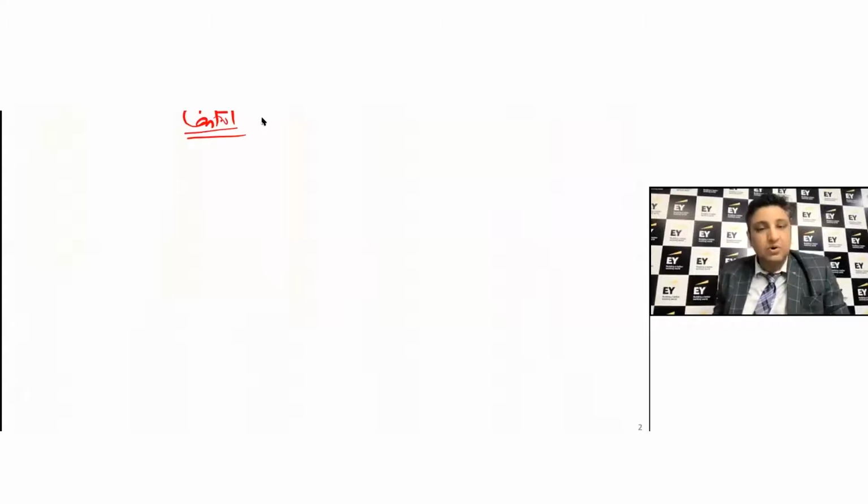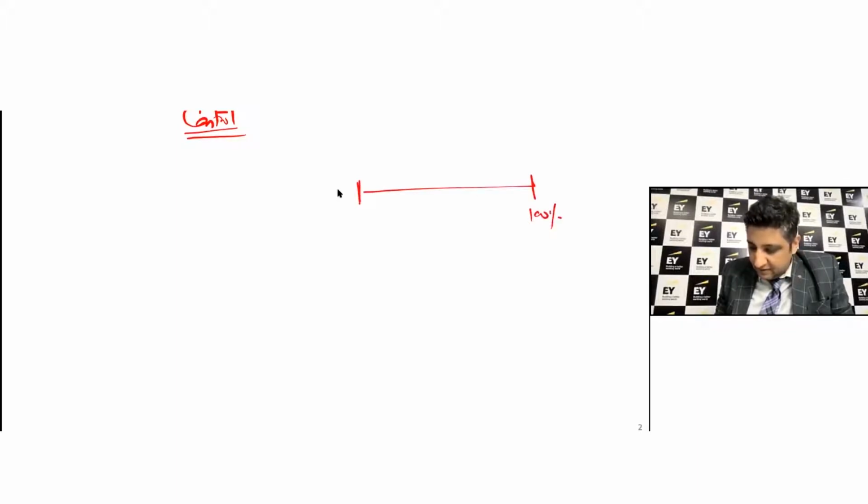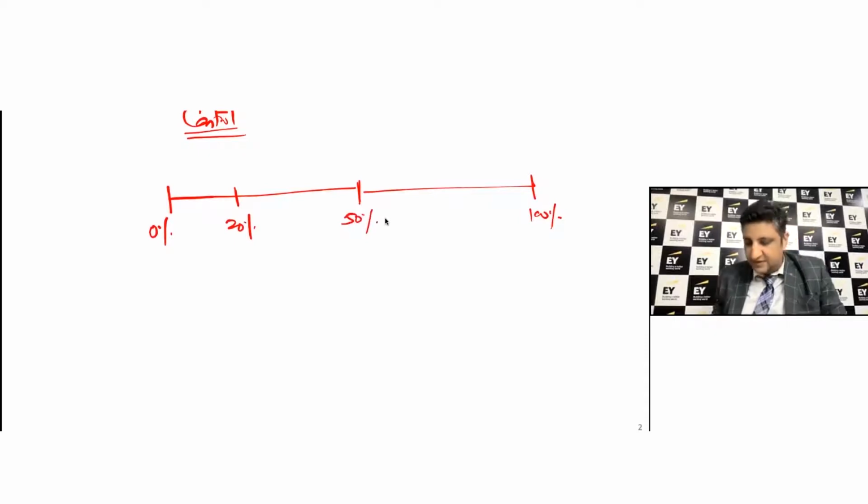that there was a term called control. Within that concept of control, let's create a complete line on this. Let's say it is 0%, let's call it 20% and 50%, and then eventually 100%.